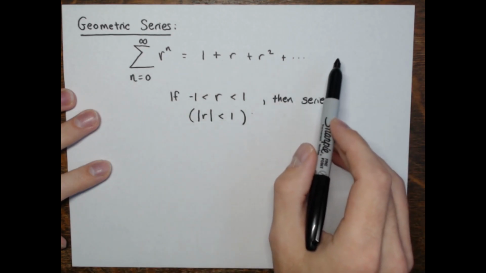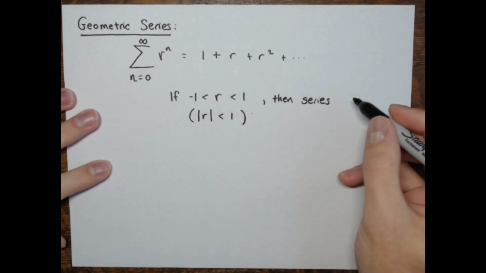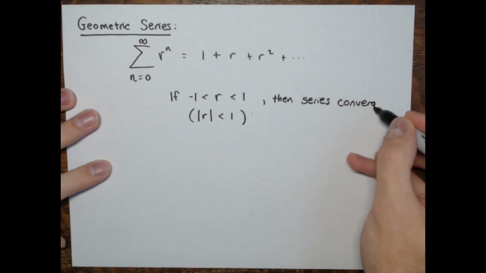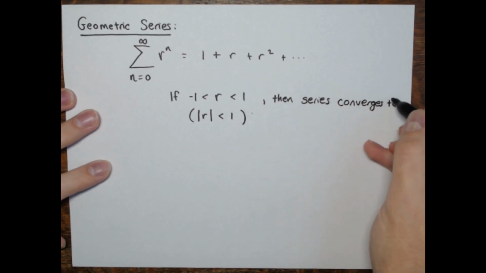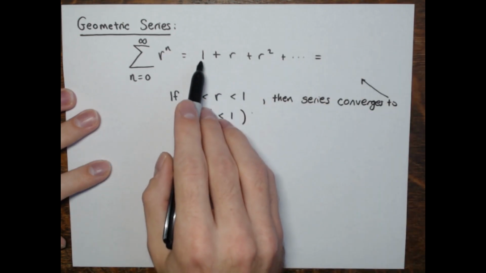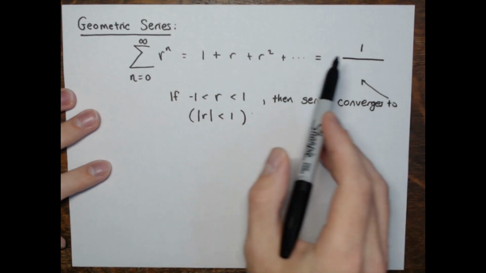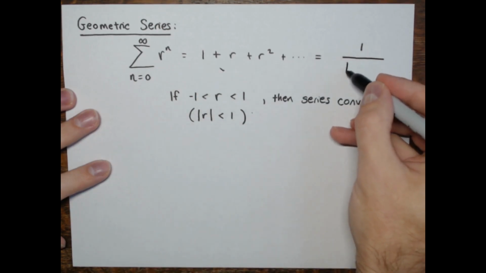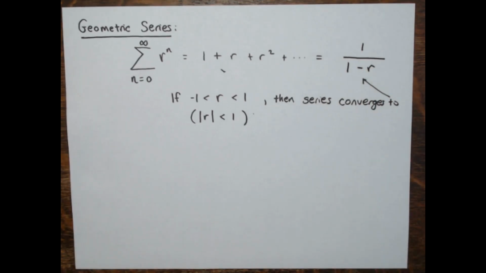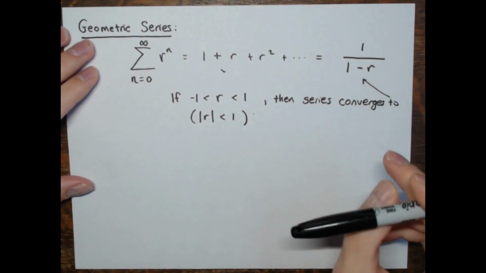The more and more terms that get added on, the closer and closer the sum gets to a specific value. The series converges, and it converges to the following. It would be the first term, which here is 1, divided by 1 minus the common ratio. Right? Converges to the first term 1 divided by 1 minus the common ratio.